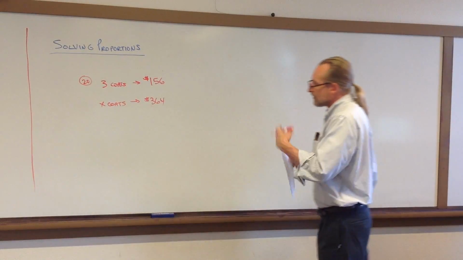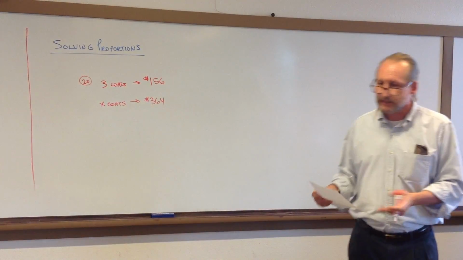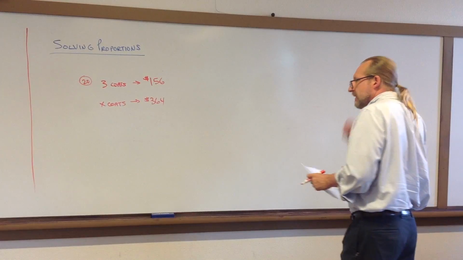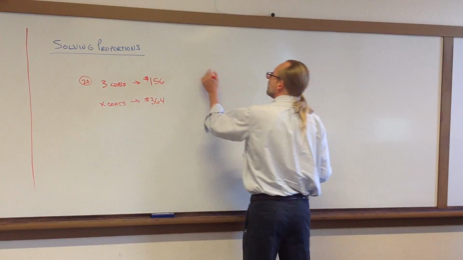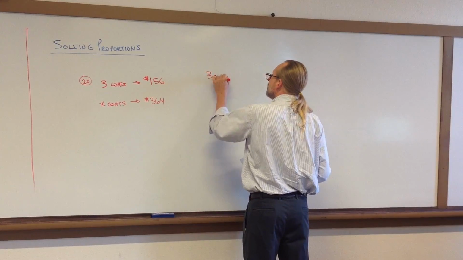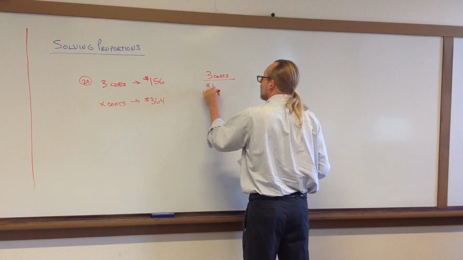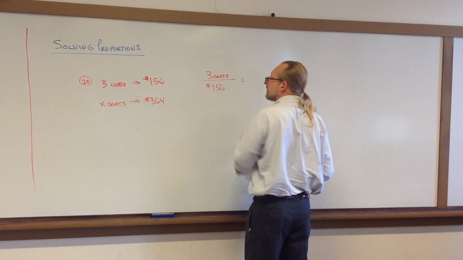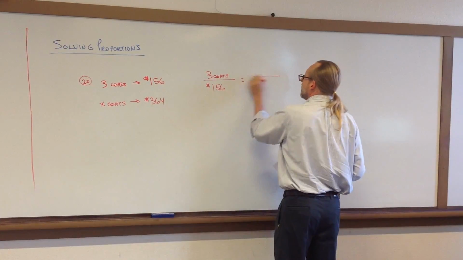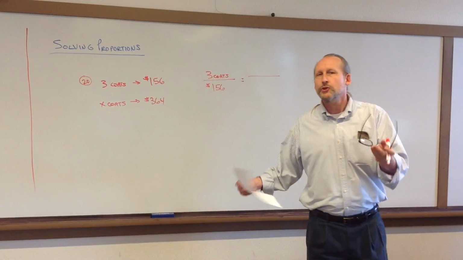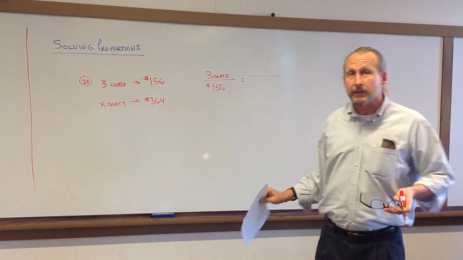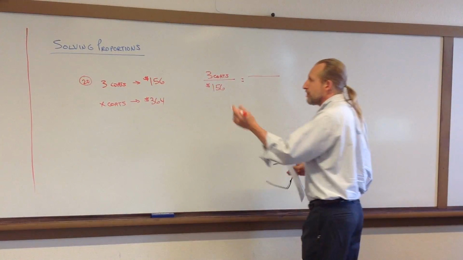Okay, so there's our question, and again we want to set up a proportion. This time I'll create a proportion out of these two. So we know that 3 coats cost $156, and now here we need to fit in that 364. And this is one reason why it's good to keep the units with your numbers in this problem, so that you can be sure to match things up.